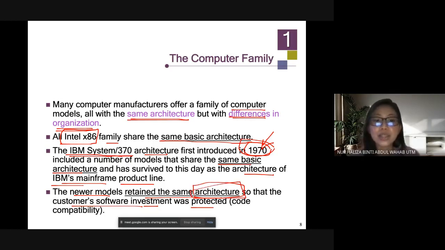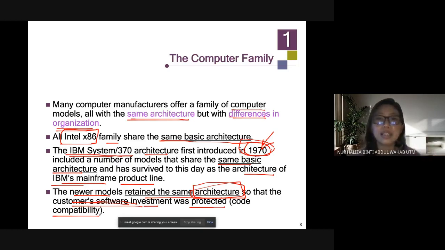So why do you need to have a similar architecture? Because the customer's software is protected, and they can update and use the same and compatible version. So if, let's say, you cannot install and your friend can install, it means that your phone has a different architecture.